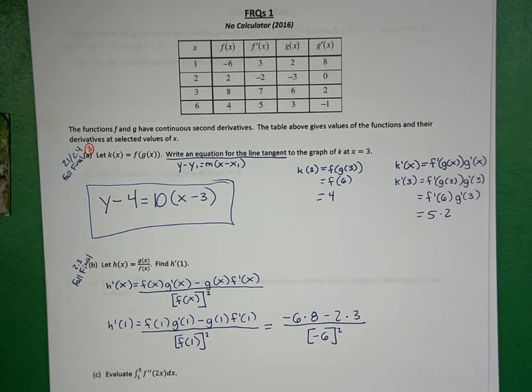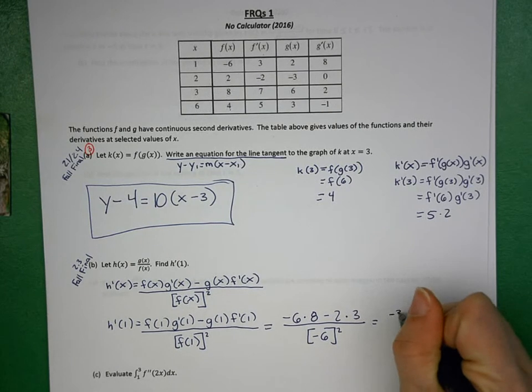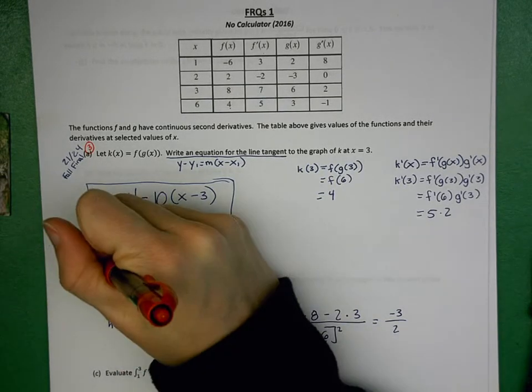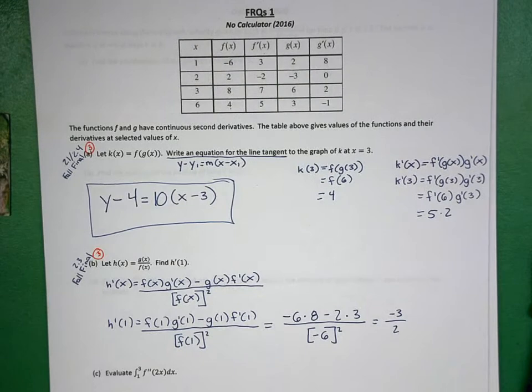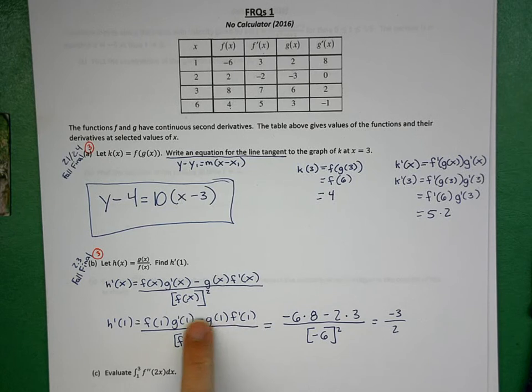If you did simplify it all the way, it would give you negative 3/2. But again, I highly recommend not doing that. It's a waste of time. And if you do make an error in that process, you've now lost your answer point. This particular problem was worth 3 points, 2 for your expression for h prime of 1, so that would have required quotient rule. If you just did g prime over f prime, that is, I would say, significantly altering the problem.